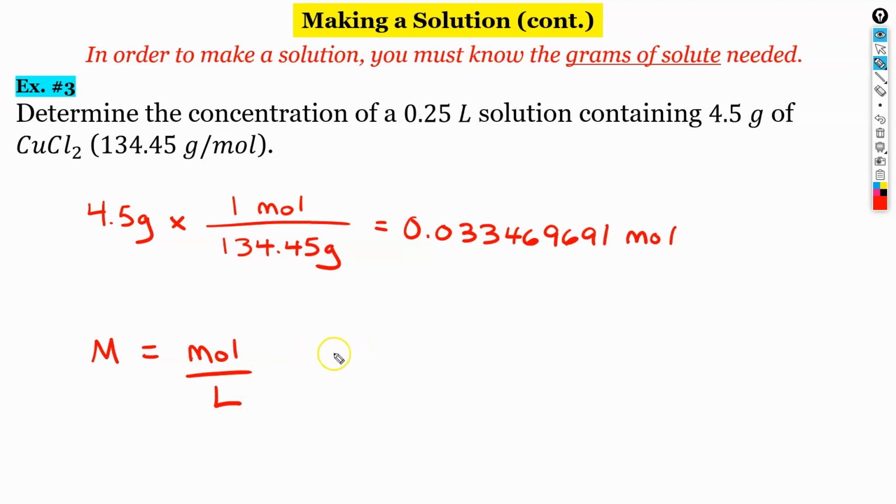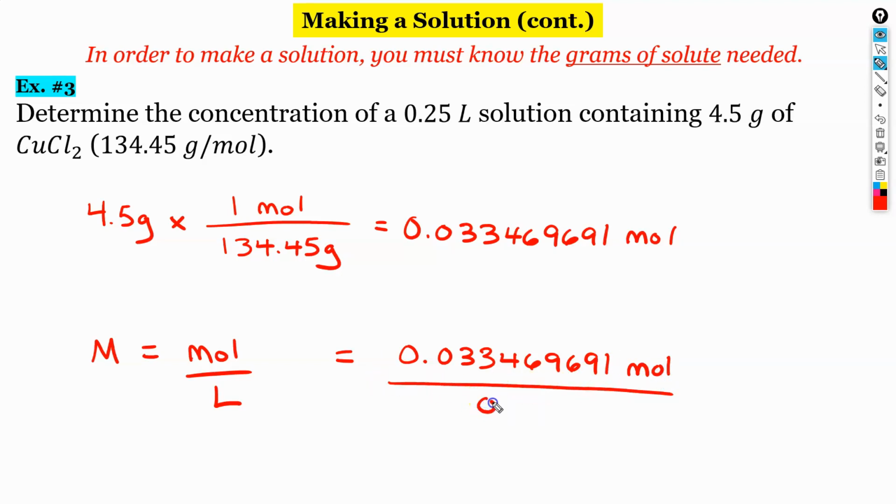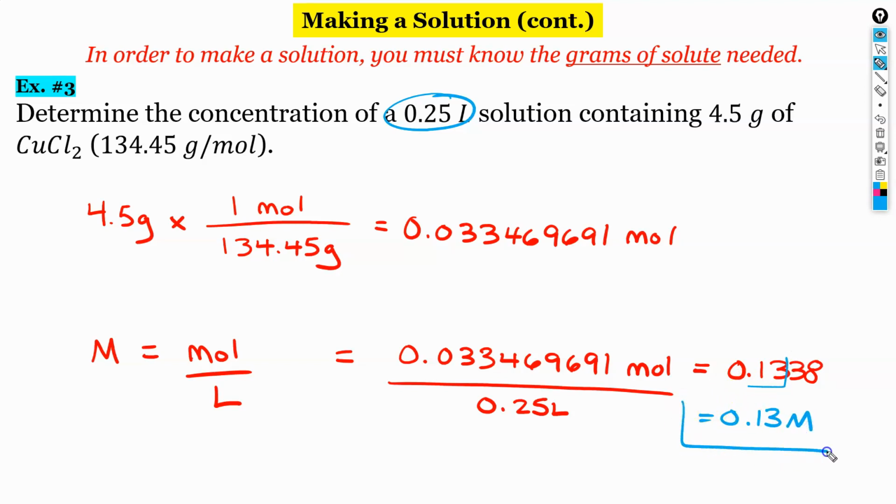We're trying to find molarity here, so we're going to take our moles, our really big number, and we're going to divide that by the volume. I get an answer of 0.1338, and we have two significant figures here, so let's go ahead and round this to 0.13 molar. And that is how to make solutions.